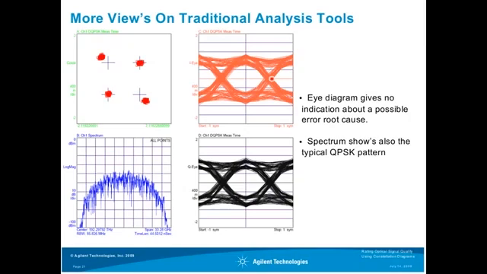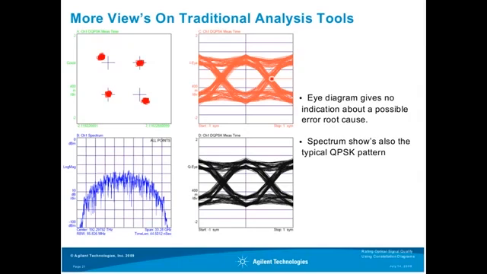So again, I would start with the traditional test tools that we have available. This is the I and the Q. And again, here we can see there's a higher jitter and a not very open eye. But this is all we can analyze from this kind of signal representation.